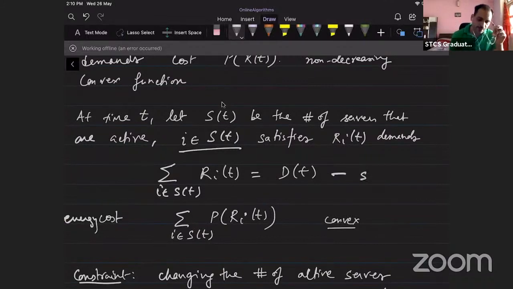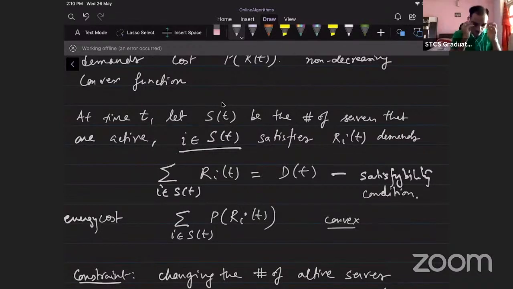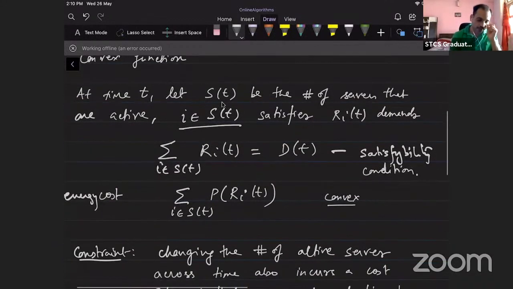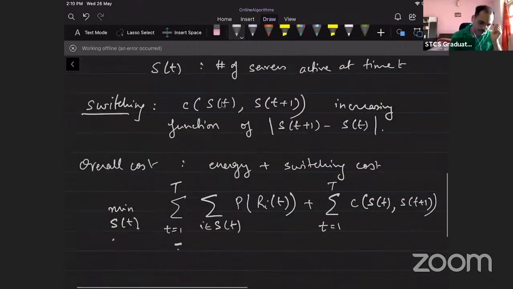And this is my satisfiability condition, that I have to satisfy all the demands. So summation Ri of t should be equal to d of t. Okay, we can add it here, subject to the summation of Ri of t for each time, i belonging to S of t, is equal to d of t.